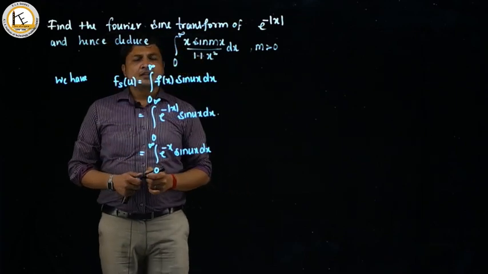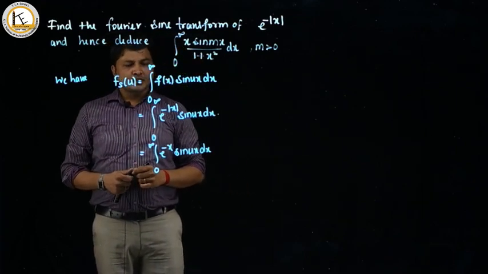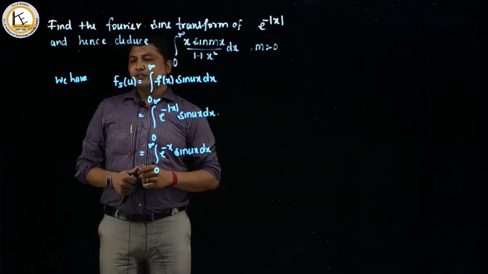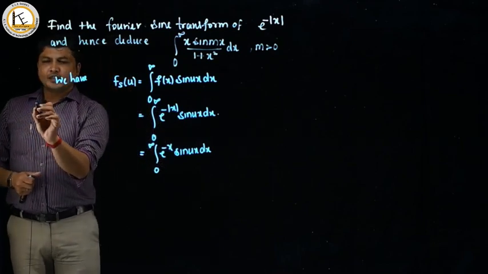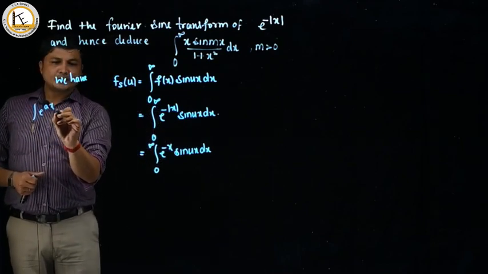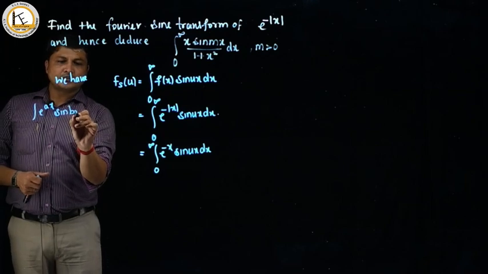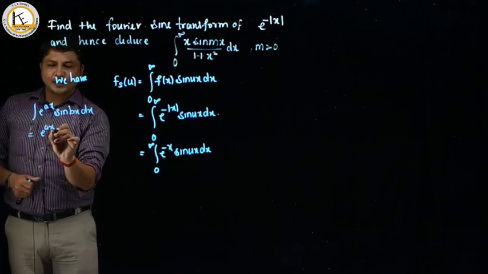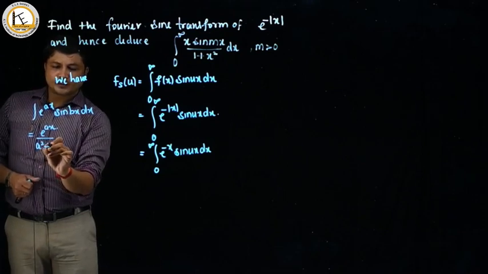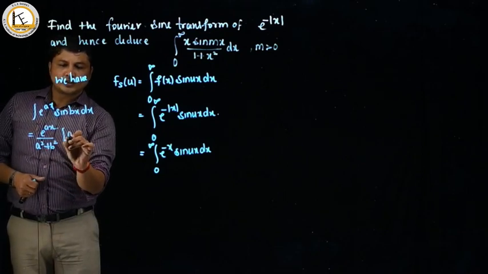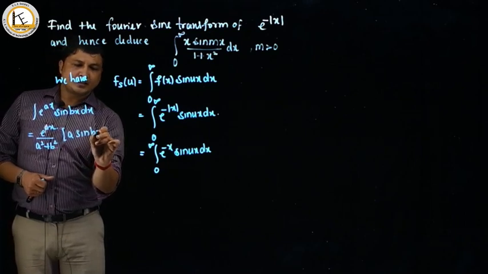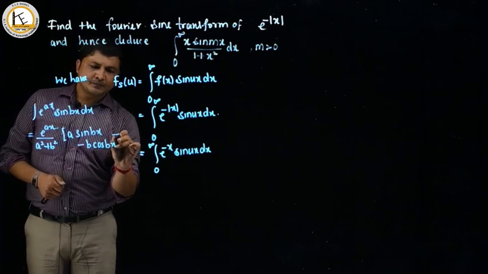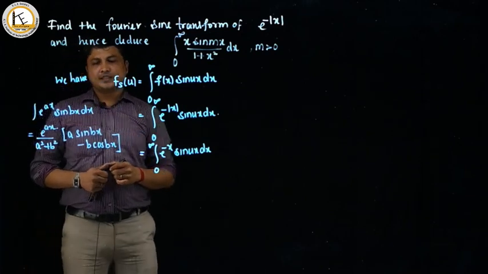This is the simplest form to evaluate the integral, and we have a formula: the integral of e raised to ax into sine bx with respect to x is equal to e raised to ax divided by a square plus b square into a sine bx minus b cos bx. This is the standard integral formula.